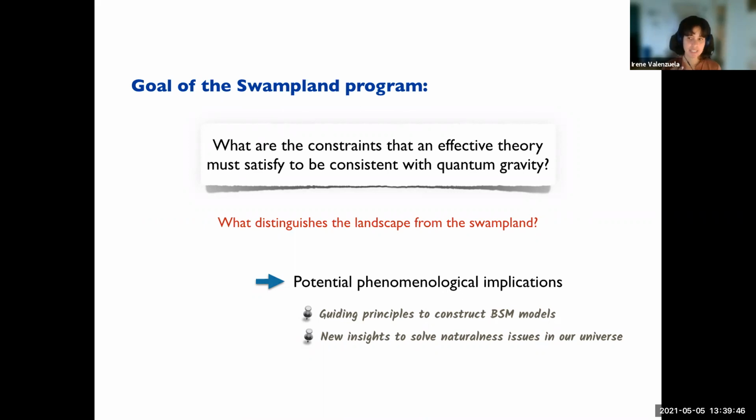And if this is true, if the quantum gravity imprint at low energies is non-negligible, I think this is great news for phenomenology, because it means that we can use these constraints as new guiding principles to progress in physics, to construct beyond standard model proposals, and they can also bring new insights to solve the naturalness issues that we observe.